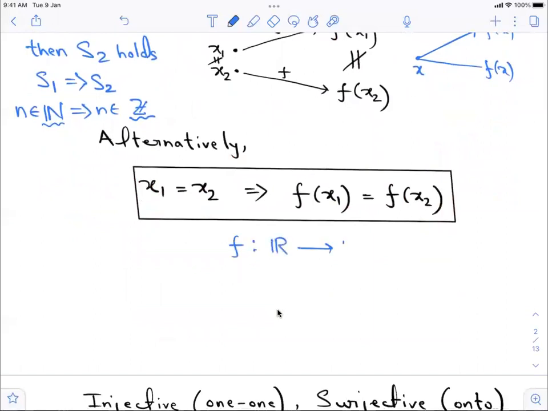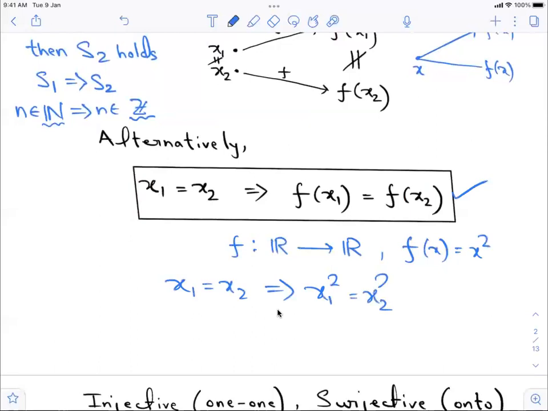So for example, let's look at the rule from R to R given by f(x) equals x squared. Is this a function? How are we going to check? Simply make use of this rule over here. All I have to do is check whether x1 equals x2 implies x1 squared equals x2 squared.